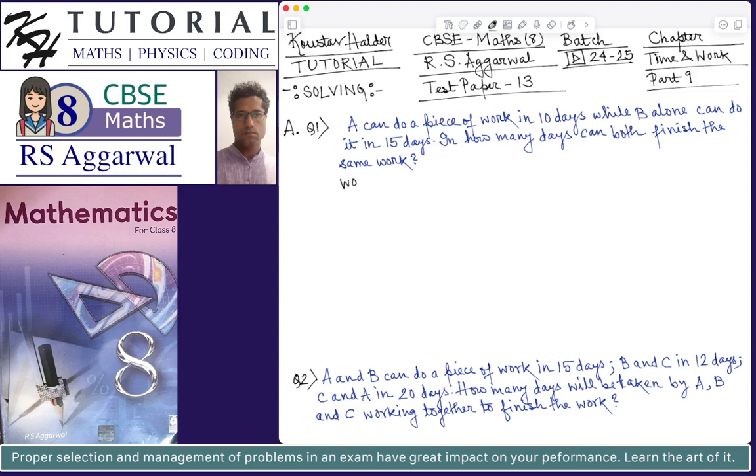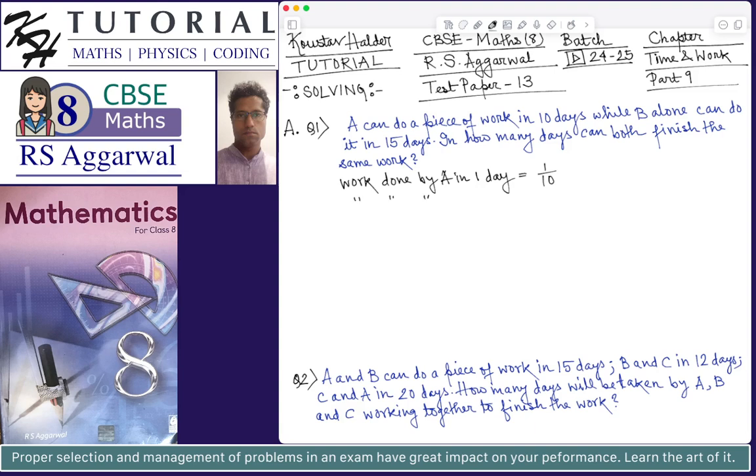Work done by A alone in 1 day is equal to 1 by 10, by applying the first general rule that if A can do a piece of work in 10 days, then in 1 day the amount of work done by A is 1 by 10.